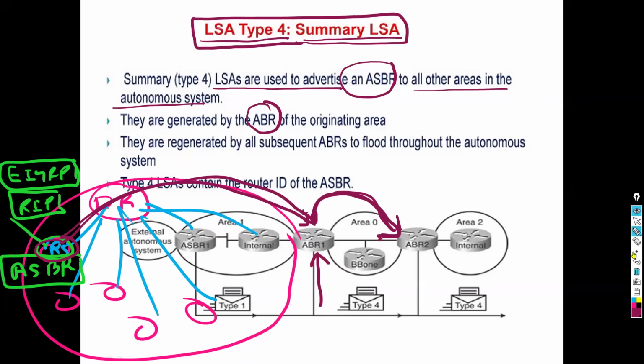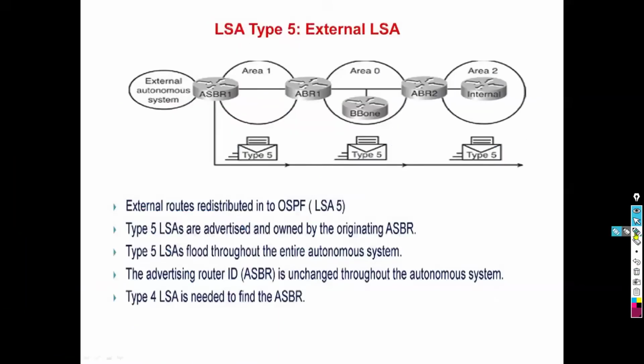What about LSA5? Remember the redistribution topic? So this router is the ASBR router, because one of its interfaces is part of the RIP protocol, or maybe EIGRP, and its other interfaces are part of the OSPF area.